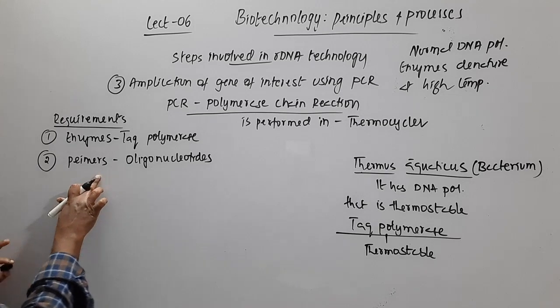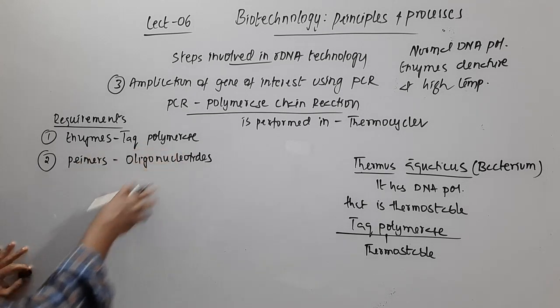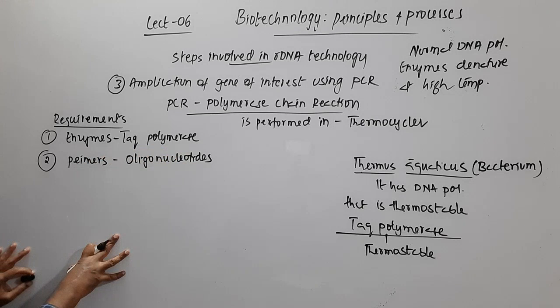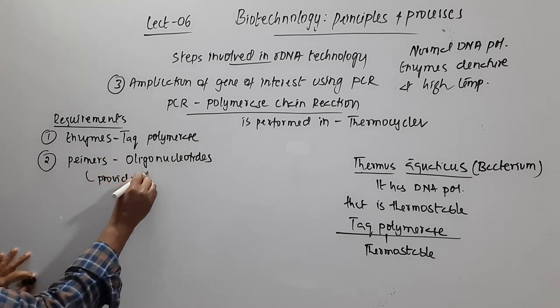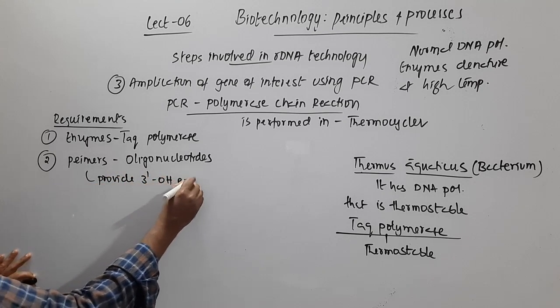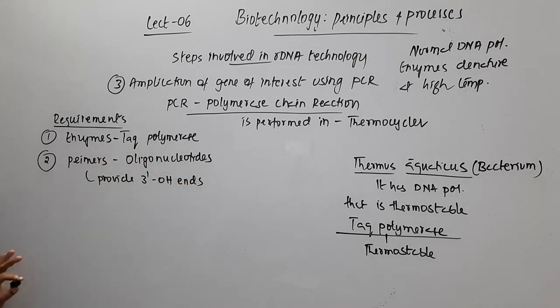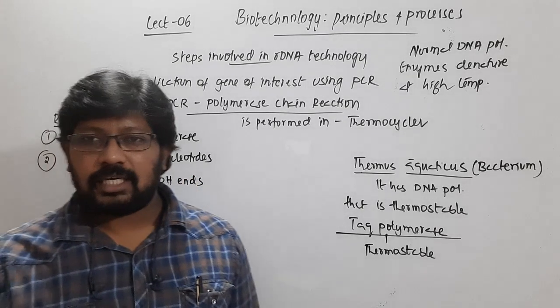Primers are needed, and without primers the process of PCR cannot take place, because the primers provide the 3' OH ends, and we know that polymerase enzymes never start a new strand on their own.